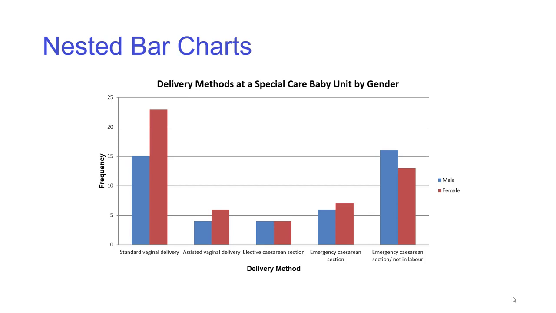And elective caesarean, you'd expect there to be no gender discrimination, because that's purely dependent on the parent's choice, and it's not going to be dependent on the gender of the child in any form. So nested bar charts allow you to compare the results between the treated and the untreated group for a variety of categorical data.